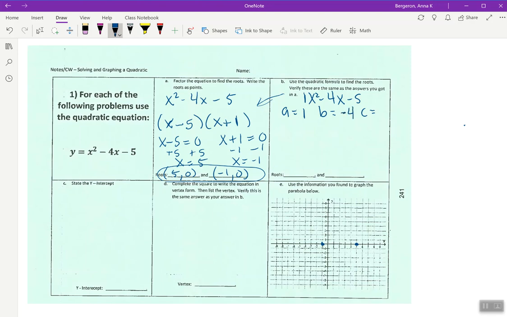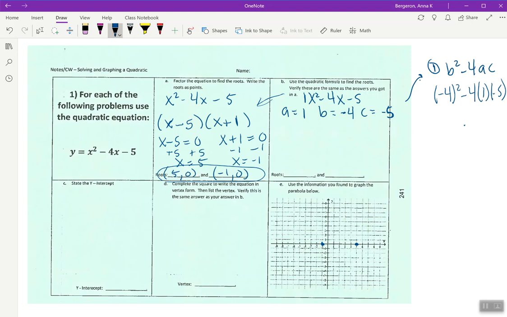B is -4 and c is -5. So remember, when we did the quadratic formula, the first thing we did was b squared minus 4ac. So if I do that, that would be -4 squared minus 4 times 1 times -5. Right? A is 1, c is -5.